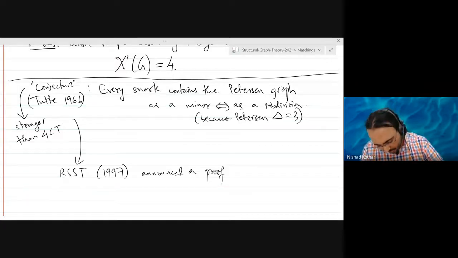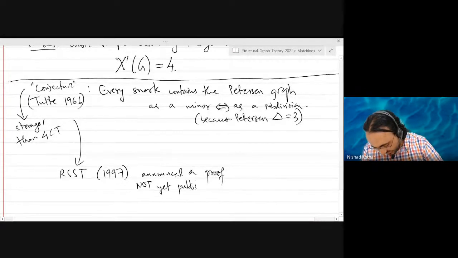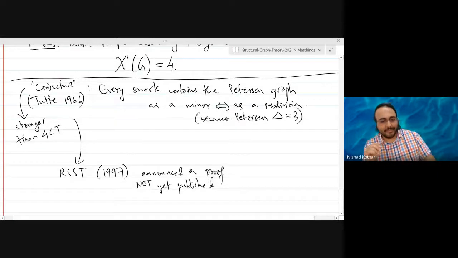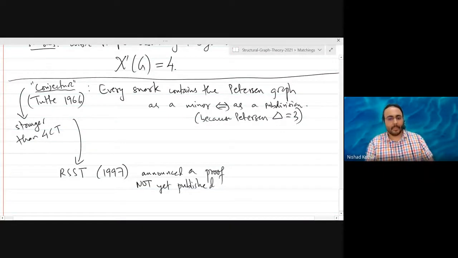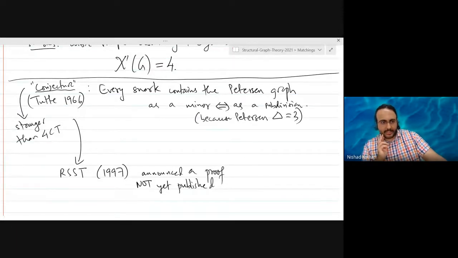However, to the best of my knowledge, this is not yet published. Don't ask me why, but it's not yet published. Which is why I put it in double quotes. You can consider it to be a theorem, you cannot, it's up to you. So this is a stronger conjecture than the four-color theorem.